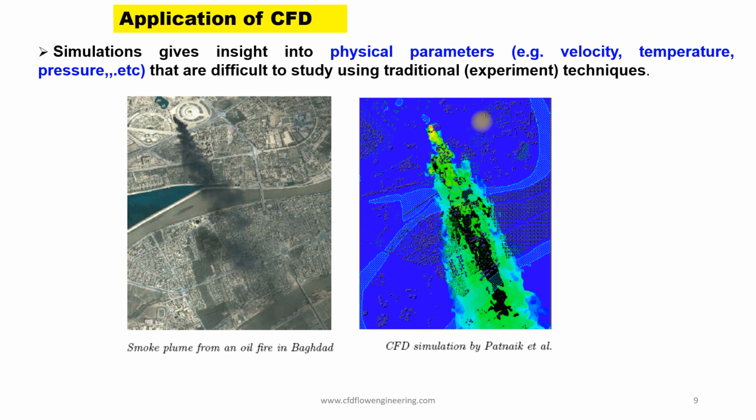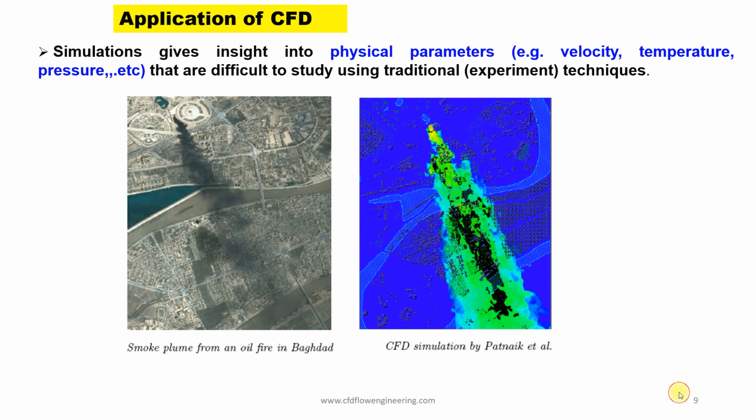Here I have presented two images. The left image presents an actual explosion emerged from an oil plant, and we have to find out in which direction this smoke will flow.